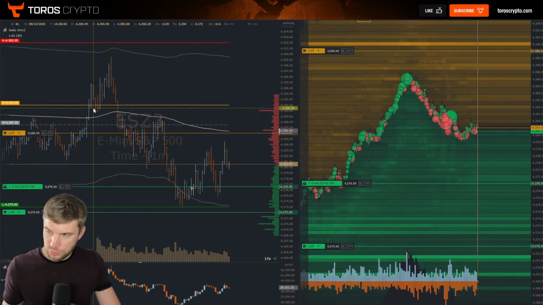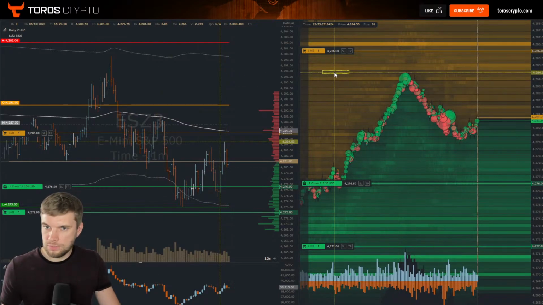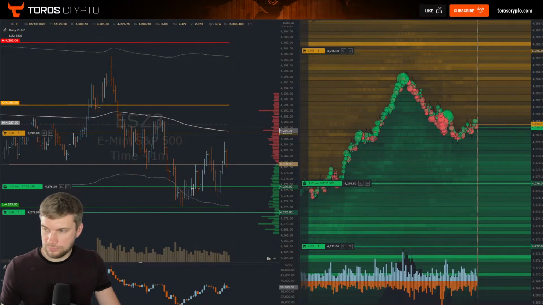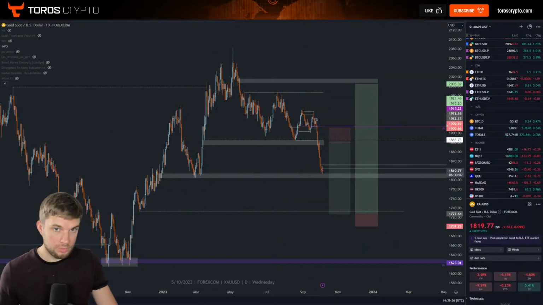Which template is that on Quantara? It is my one, the template that I made. If you're in the crew, this is available to download. Rejection was from New York VWAP. See, I'm not paying attention, am I?